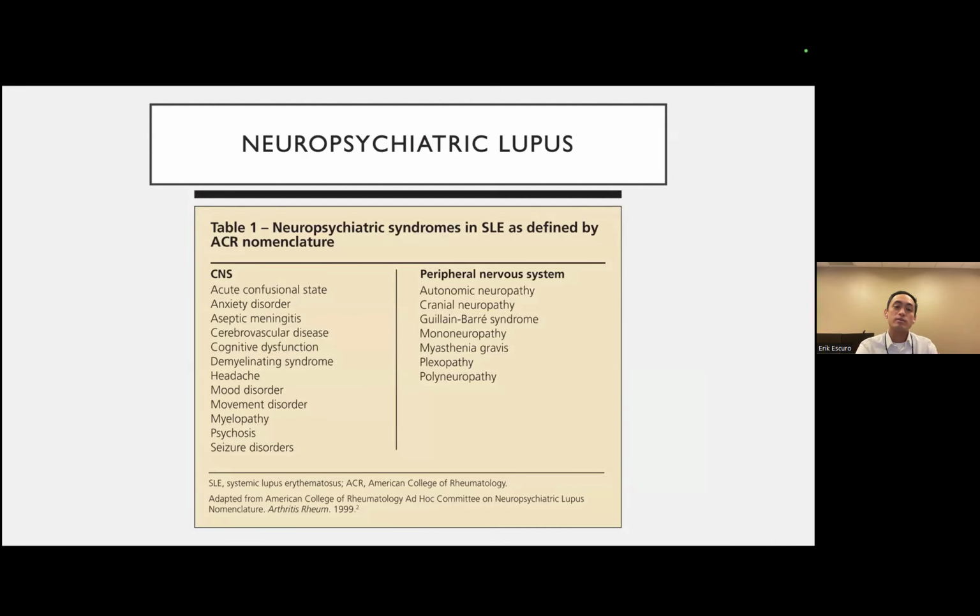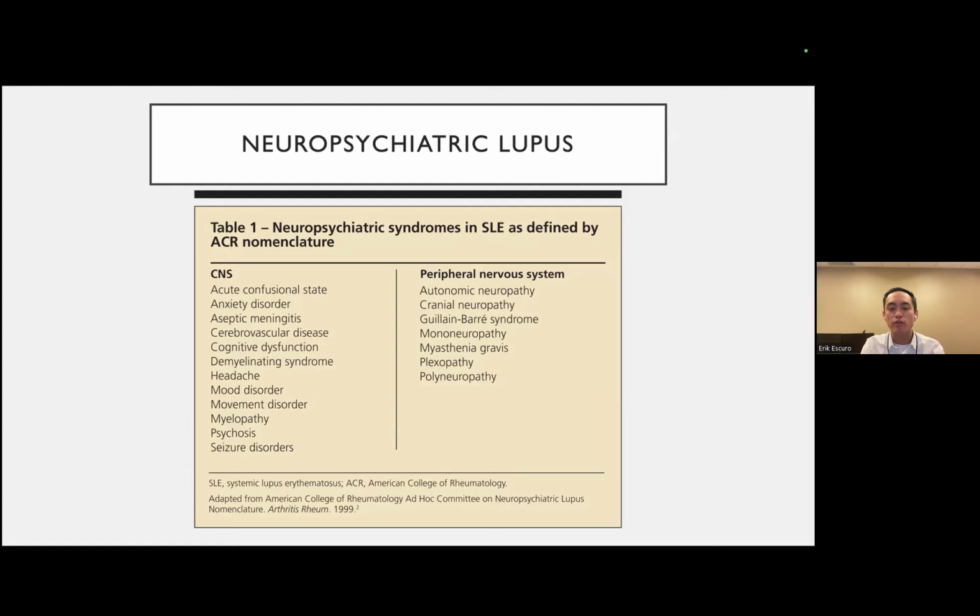Neuropsychiatric lupus actually tends to be some of our hardest ways to diagnose the disease, or at least manage, because there's such a wide variety of manifestations of the disease. It can affect the peripheral and the central nervous system. There are seizure disorders like PRES. There are some demyelinating conditions that can happen, aseptic meningitis.